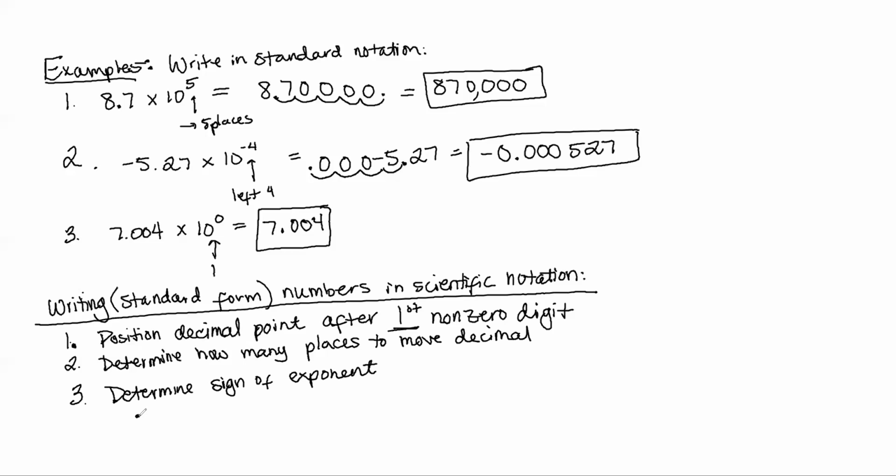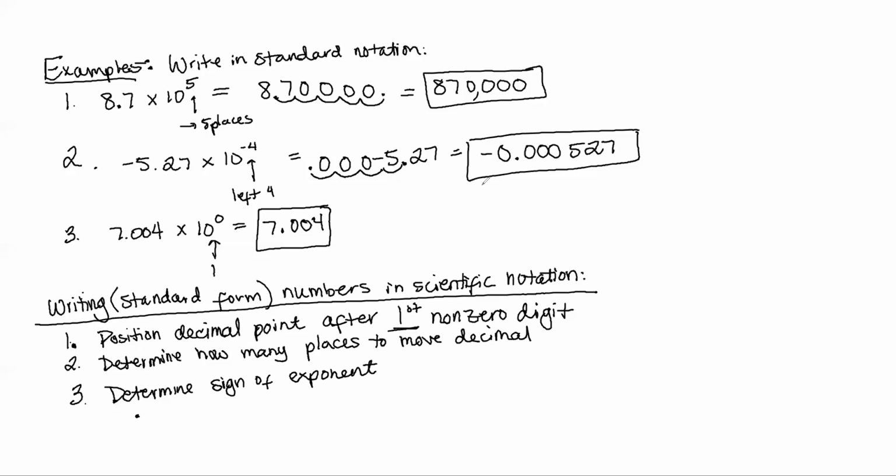One is that if you have to move the decimal to the right, then you have a negative. And if you have to move it to the left, you have a positive exponent. I don't like that way just because it's kind of counterintuitive. Normally we think left is negative, right is positive, but it has to be the opposite because we're going backwards.